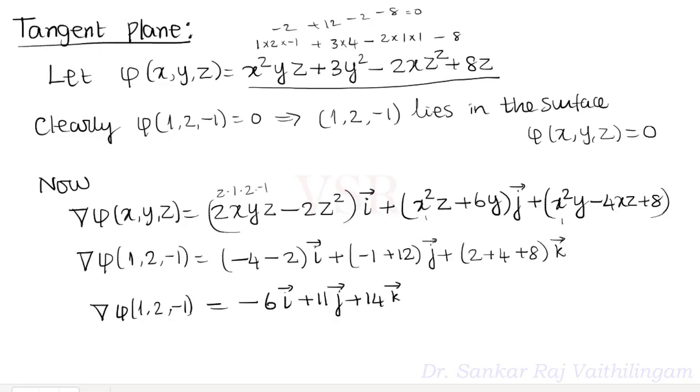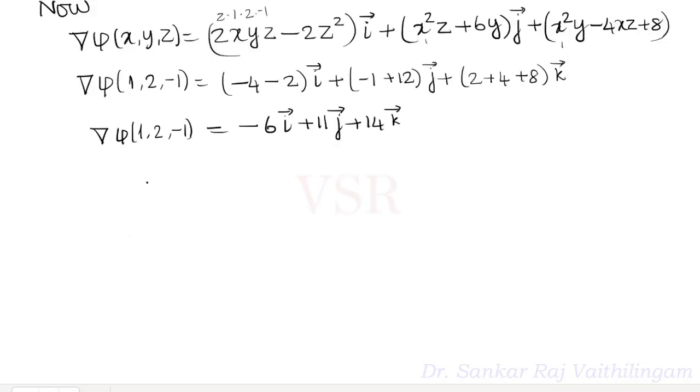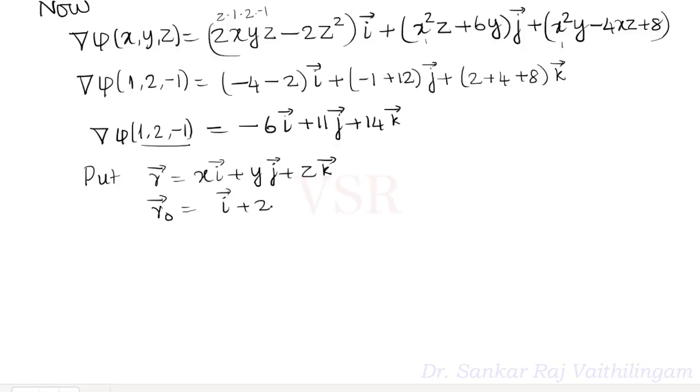Now what am I going to do? Put r vector equal to x i vector plus y j vector plus z k vector, and my r naught vector at the point is i vector plus 2 j vector minus k vector.